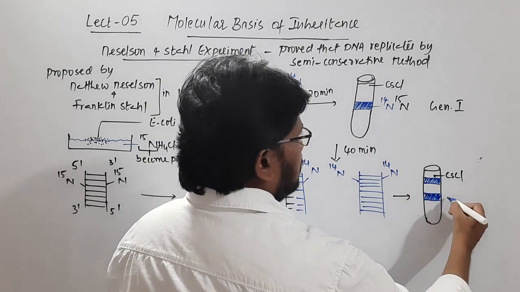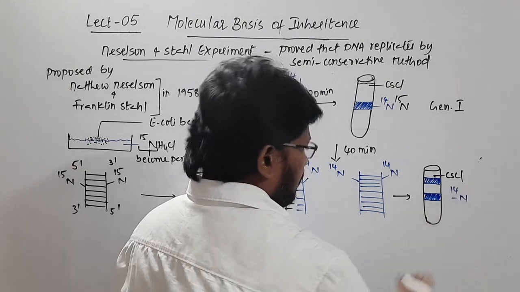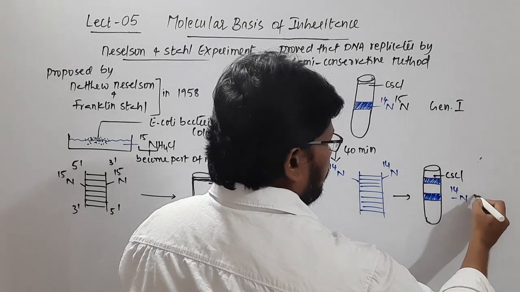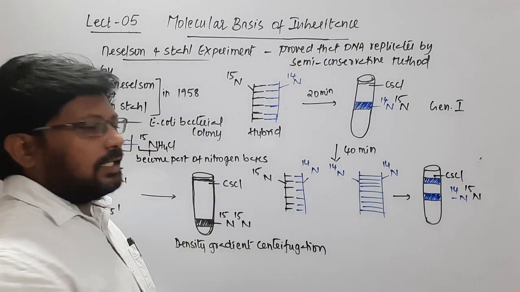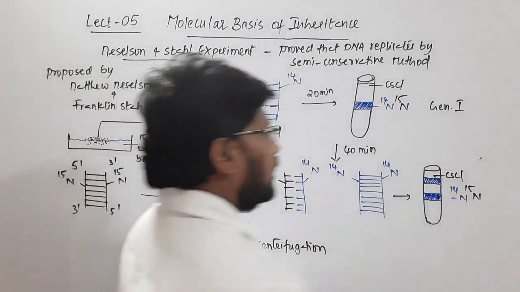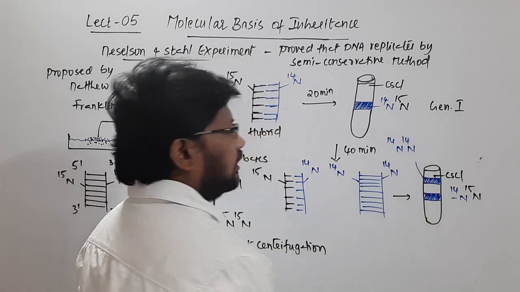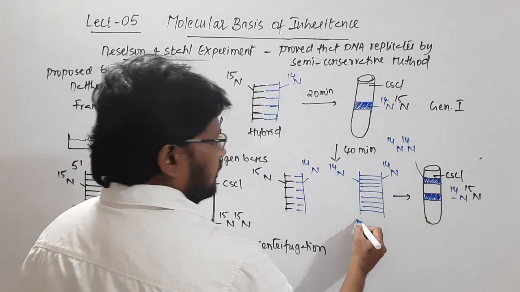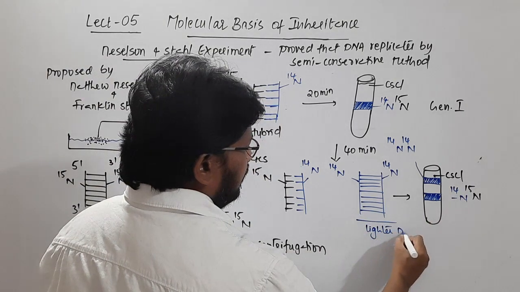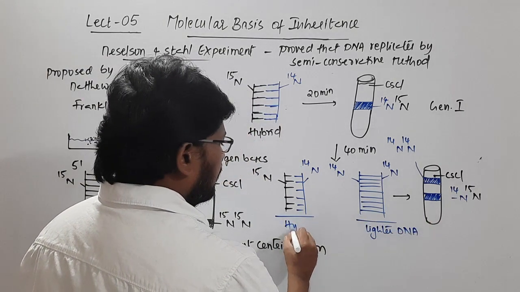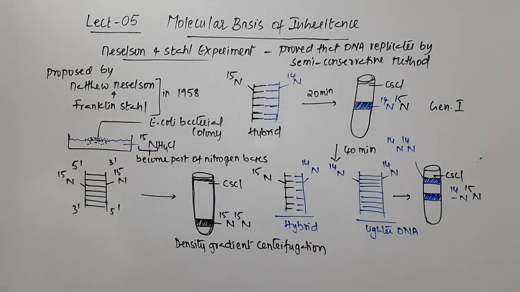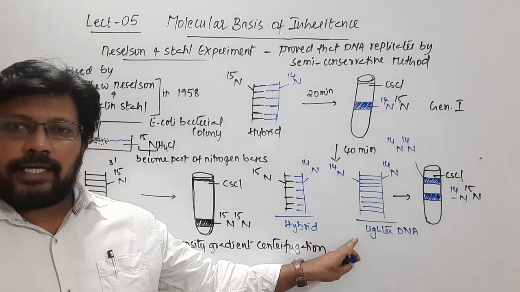So this is N14 and N15, the hybrid DNA molecules, and this will be N14 and N14. So this is the lighter DNA molecule, whereas this is the hybrid DNA molecule. But when we see this one, this is the heavier DNA molecule. So this is the heavier one, this is the hybrid, and this is the lighter one.